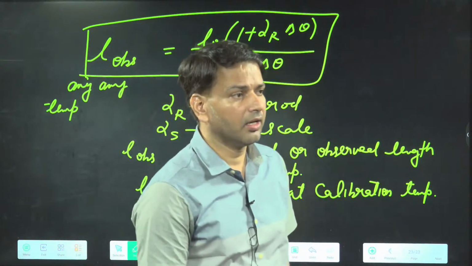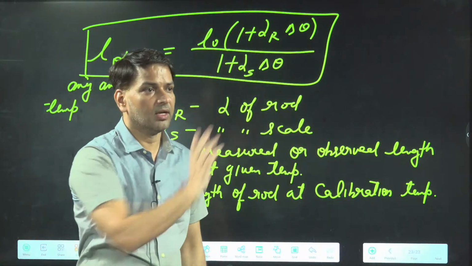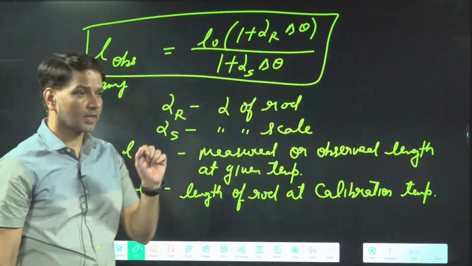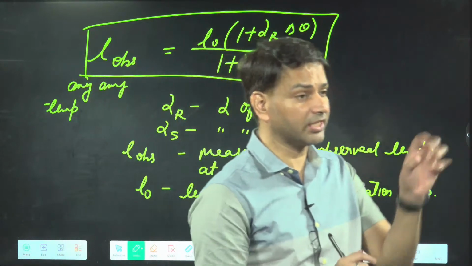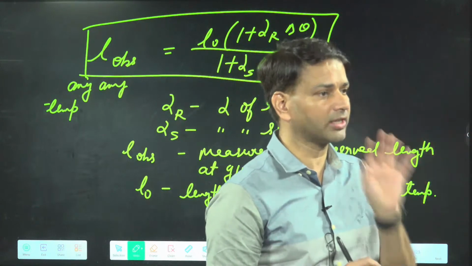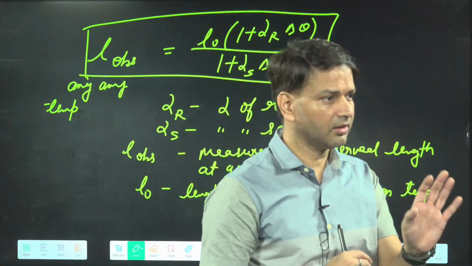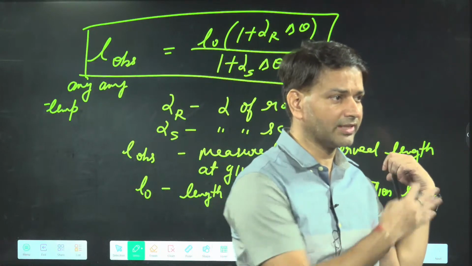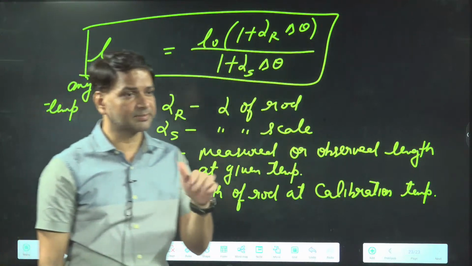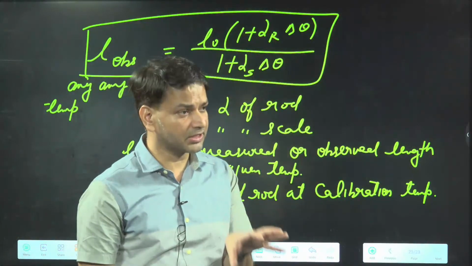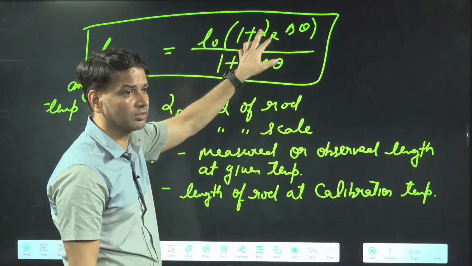Now, how can we analyze the previous problem by this formula? In the previous problem, I said suppose I am using the scale, I am not considering the expansion in the rod, but I am considering the expansion in the scale only. So there is no expansion in the rod, so alpha rod will be 0.